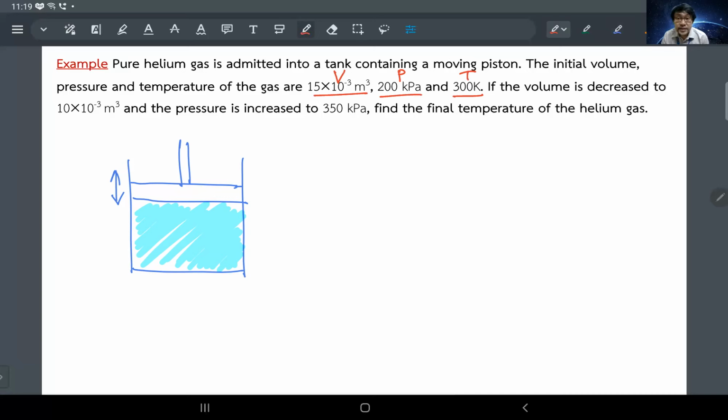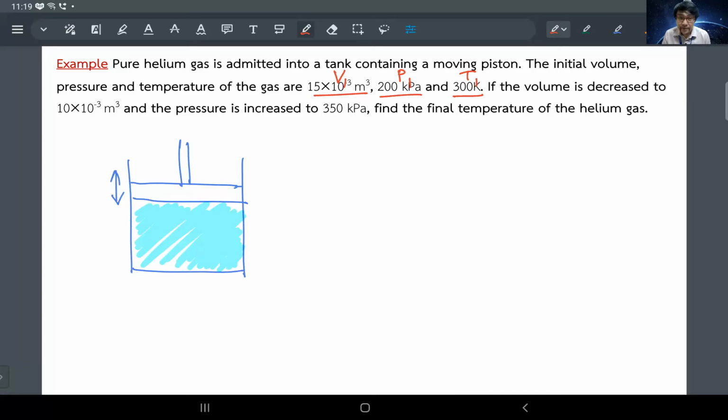If the volume is decreased to a new value and the pressure is increased to a new value, what is the final temperature? So you see the type of question you're going to face. With this one, you don't need to get down and dirty with the numbers. You can put a subscript 1 to say that is your first or initial state.